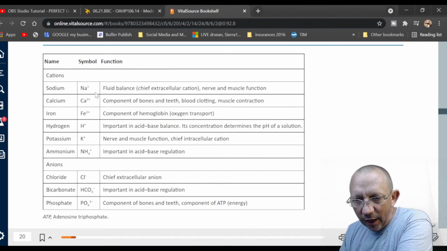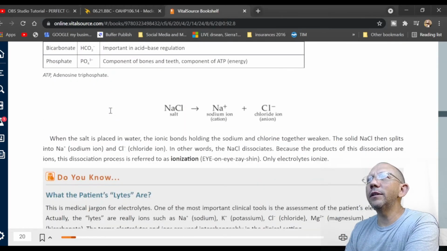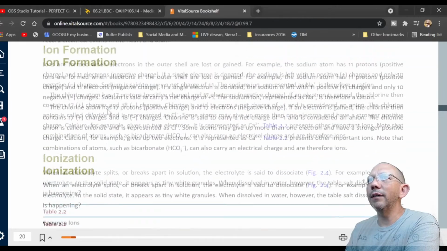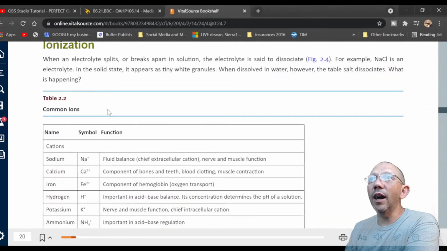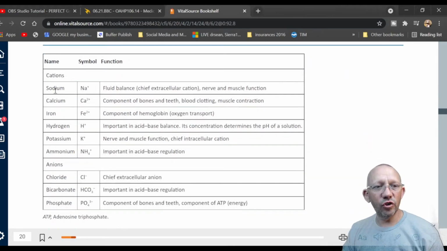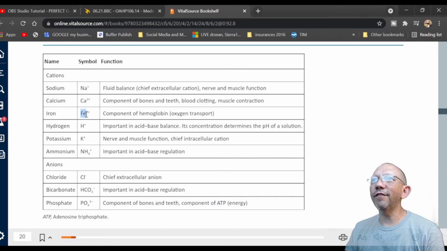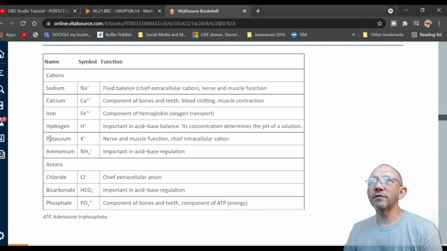We're going to probably stop this section right about here because we're going to start again with compounds in a minute. Ionization: when an electrolyte splits, it breaks apart in solution. These are all the cations: sodium, calcium, iron, which is Fe, so different, right? Ferrous. Hydrogen, potassium, which is kalium, the old word for that one.